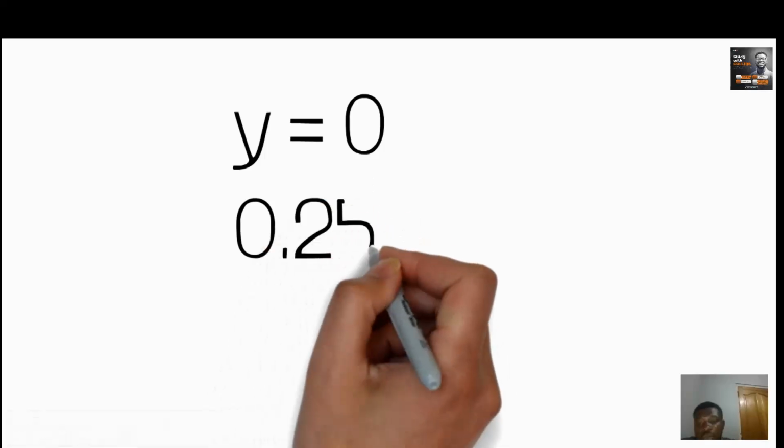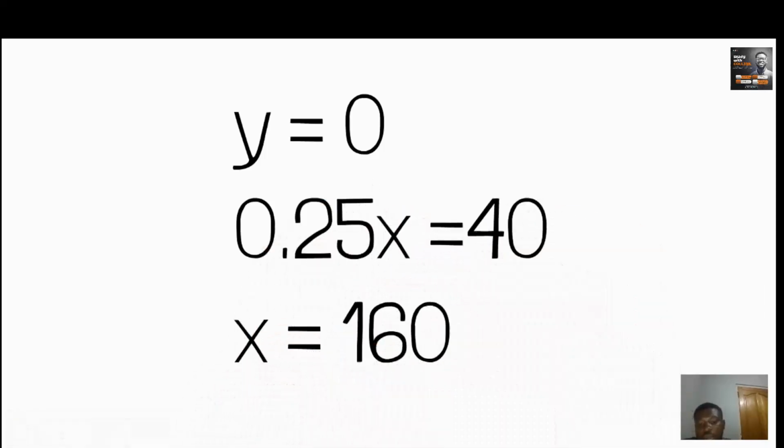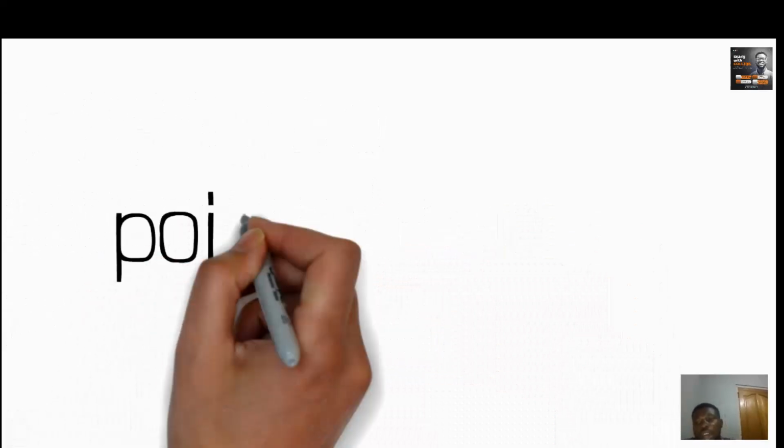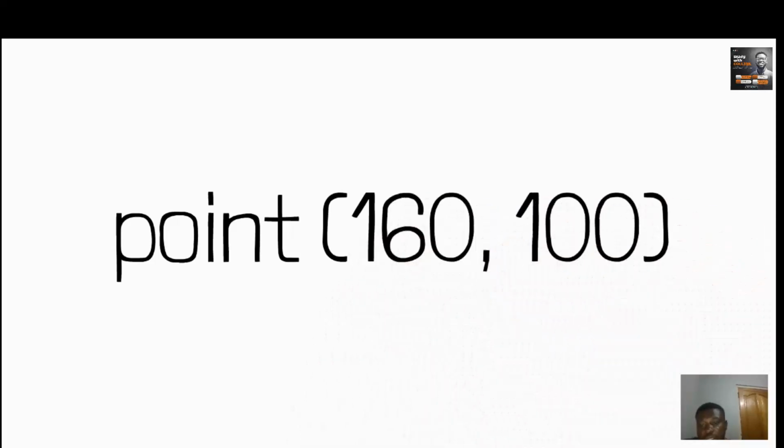Then we equate y to 0 and solve for x, and we end up getting 160 for x. So we have another point, and that is 160 then 100.